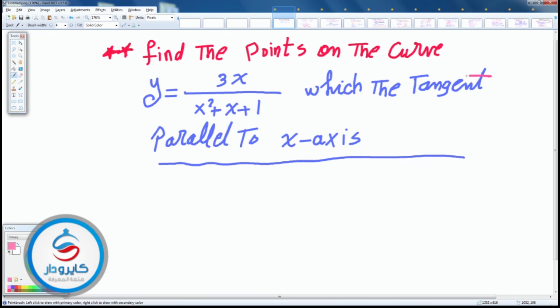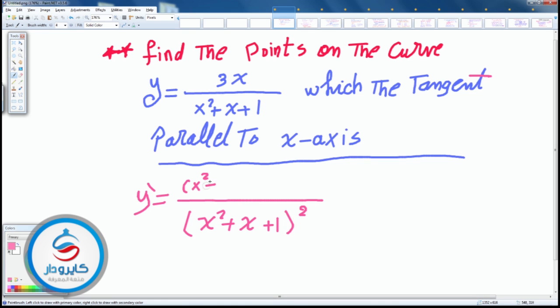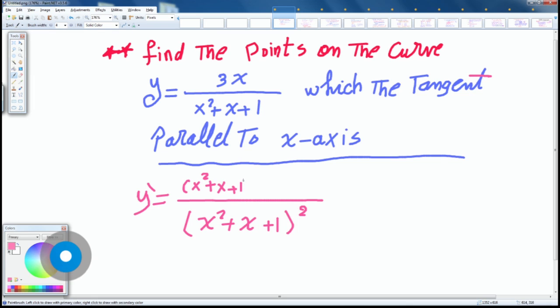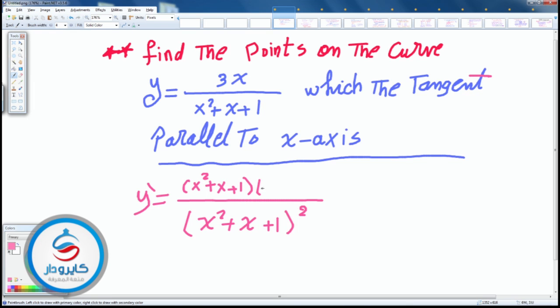Let's clarify this point together. Firstly, we have to find y dash. This is a fraction, so the denominator (x squared plus x plus 1) all to the power of 2, the denominator x squared plus x plus 1 times the derivative of the numerator, which is 3, minus 3x times the derivative of the denominator, which is 2x plus 1.